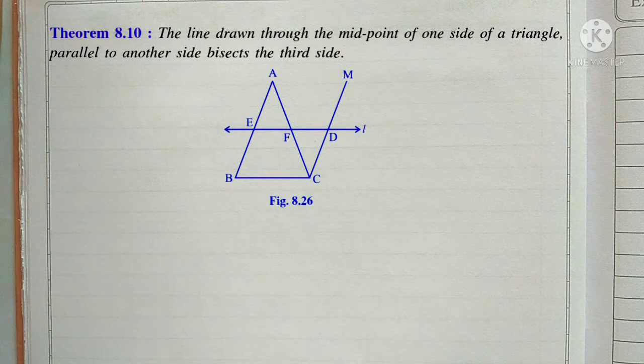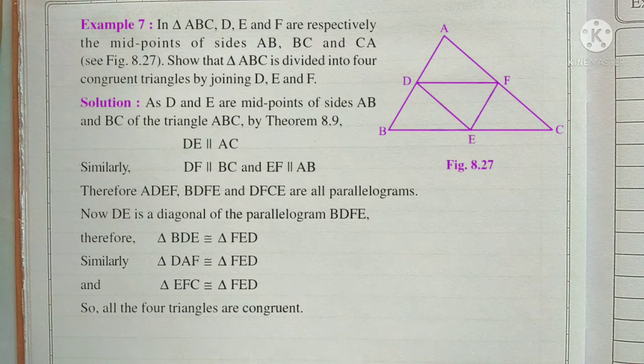Is it clear? Okay. Now if you see example number 7 on page number 149 in your book, the example is given like this: in triangle ABC, D, E and F are respectively the midpoints of sides AB, BC and CA.